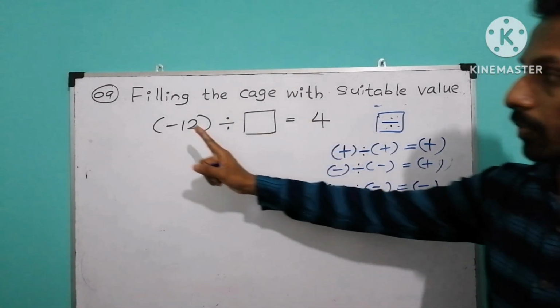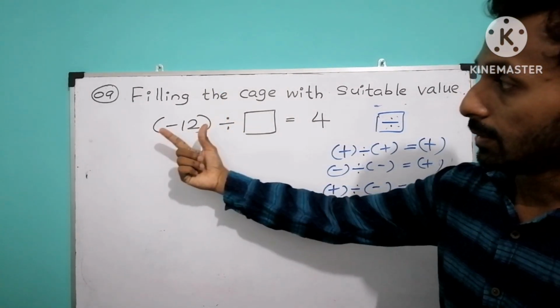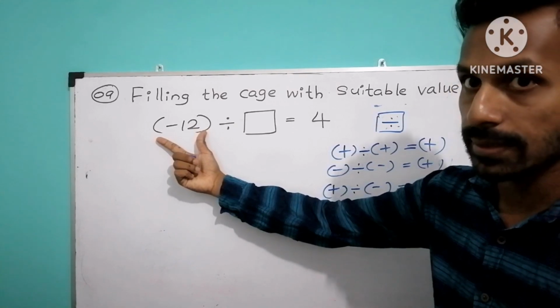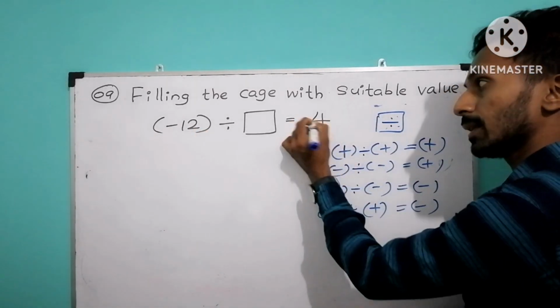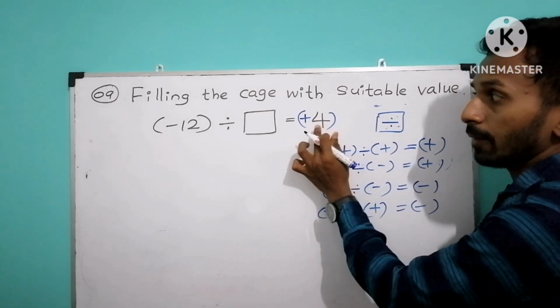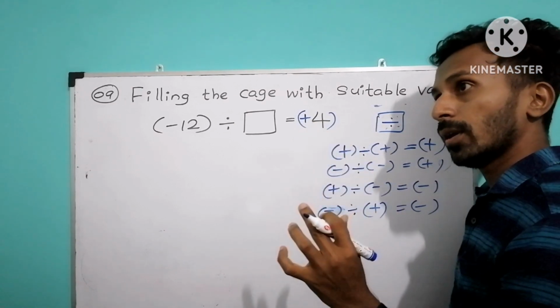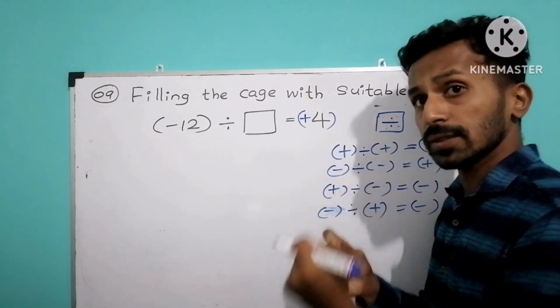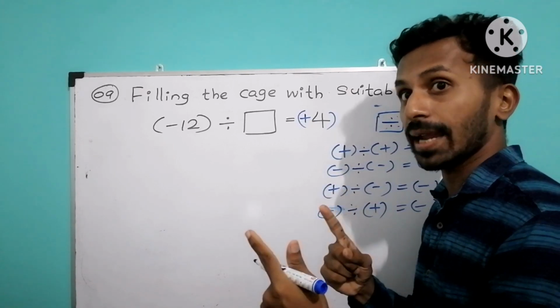Okay, here you have to divide. The sign here is minus and the sign of your answer is plus, forming plus 4. Now you have to take a plus value. Then you all know we get a plus value by multiplying or dividing with the same sign.